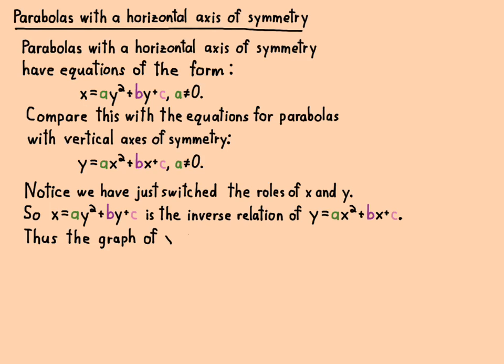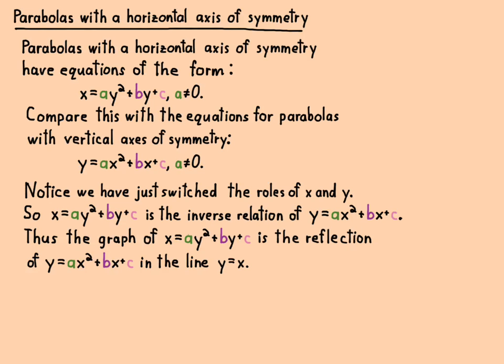So if we look at the graph that we know, y equals ax squared plus bx plus c, to find the graph of x equals ay squared plus by plus c, we just reflect the first one, the one that we're familiar with already, in the line y equals x, that diagonal line.